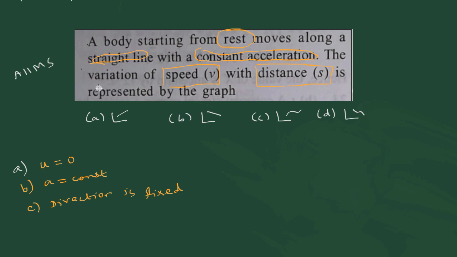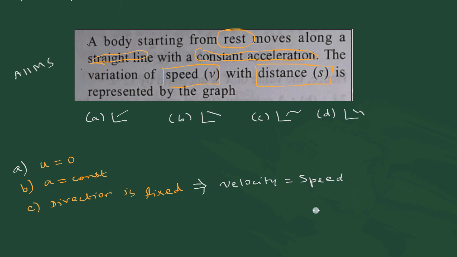What is the meaning of that, and why do you want to know all these things? It is because when the direction is fixed, the meaning is that velocity is actually speed. What is the difference between velocity and speed? The difference lies only in the direction. You take the velocity and remove the direction, you get the speed. That is the magnitude of velocity.